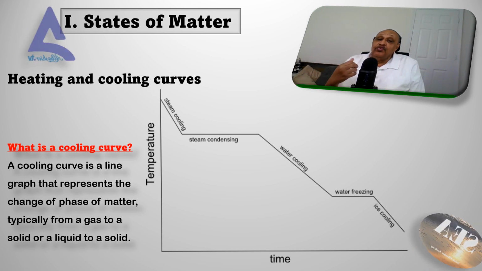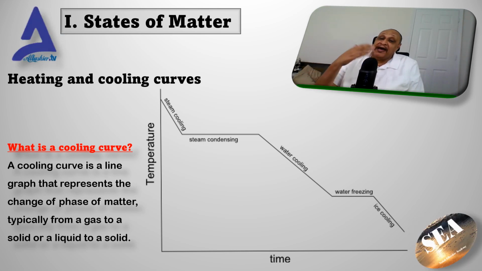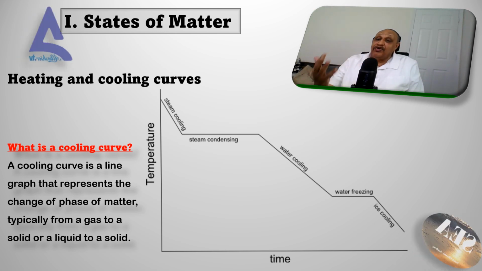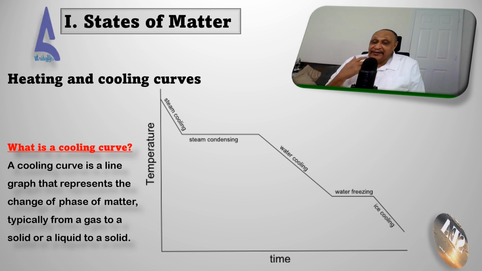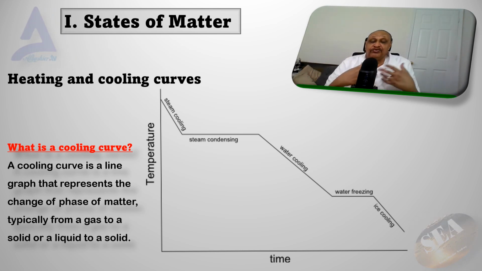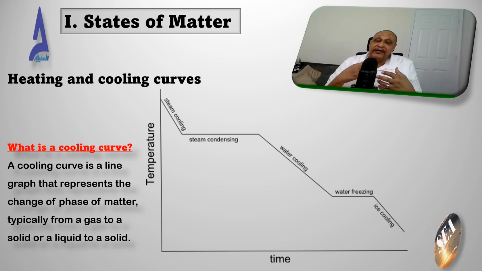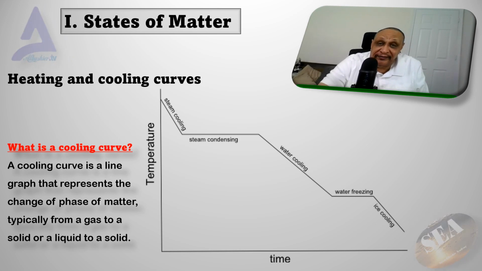That means we decrease the temperature rather than increase it, and this will let us see this type of graph. We are going forward to try to read and interpret the cooling curve.